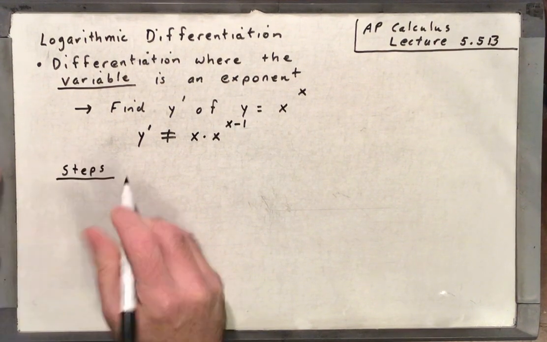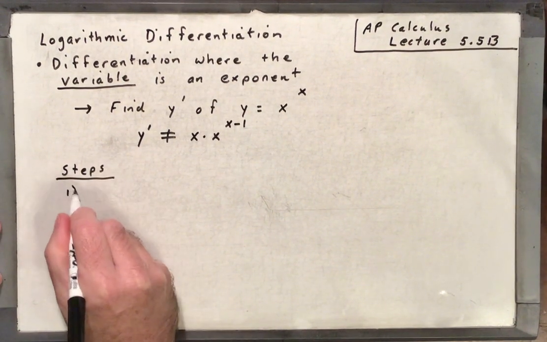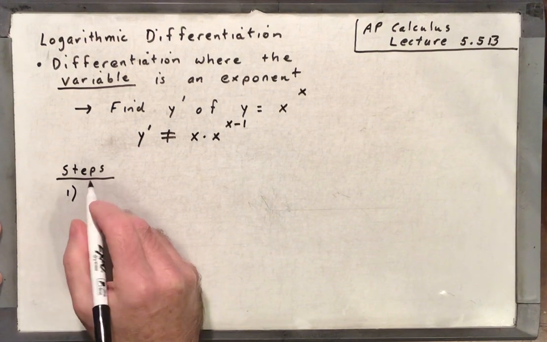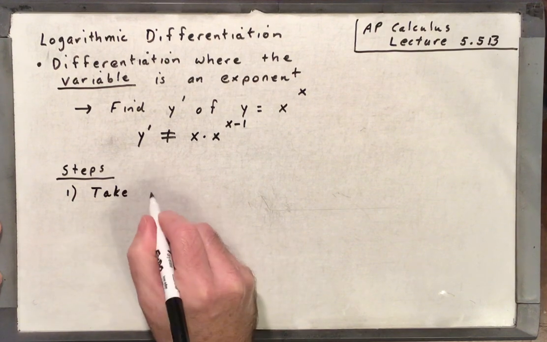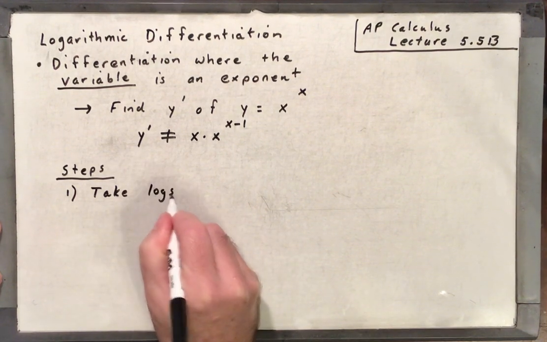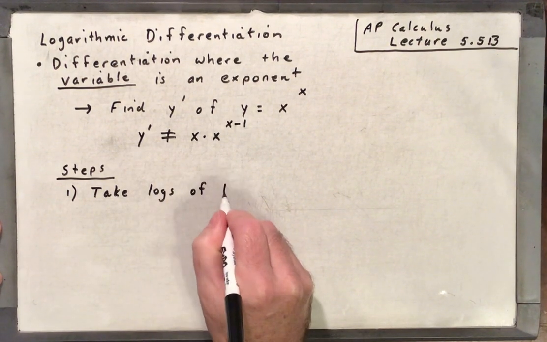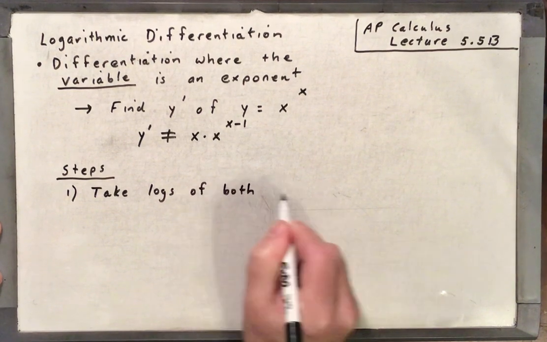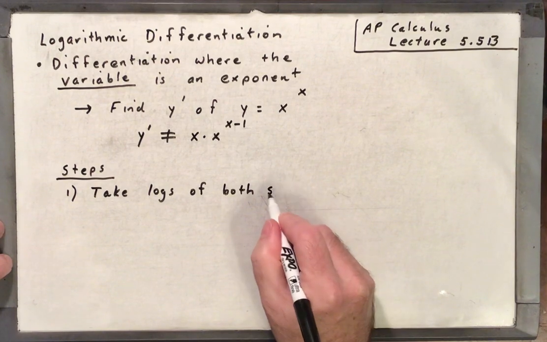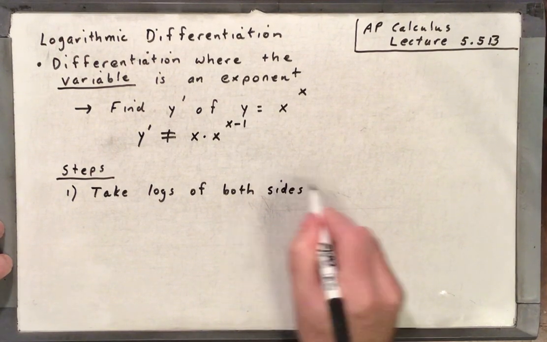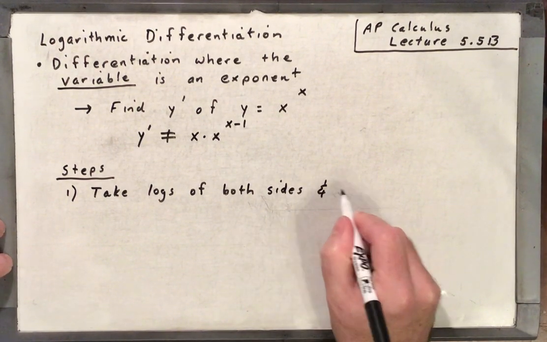Okay, so let me outline the steps for logarithmic differentiation. All right, step 1 is take logs of both sides, and we're going to use the natural log since it's easy to take the derivative of. Take logs of both sides and simplify.